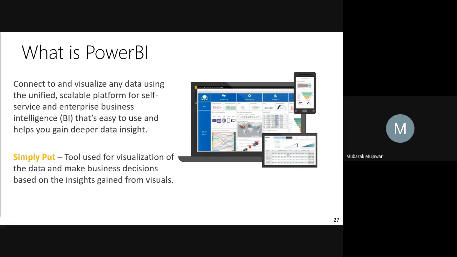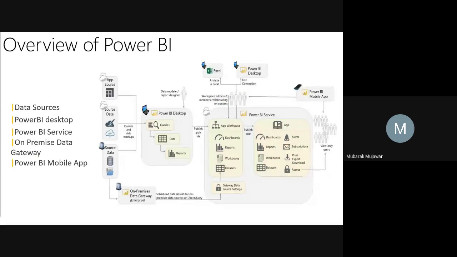So we can use it for BI as well as for our own interests. Now, there are three main components of Power BI. The first one is data sources.